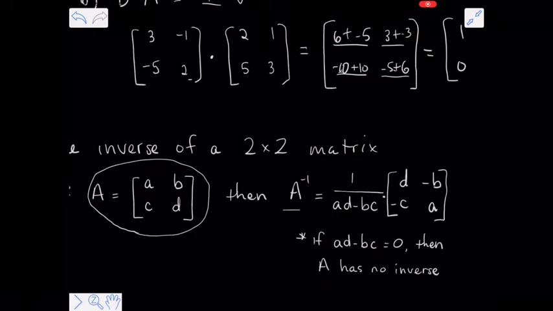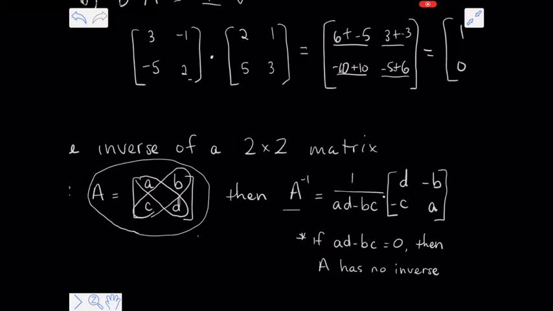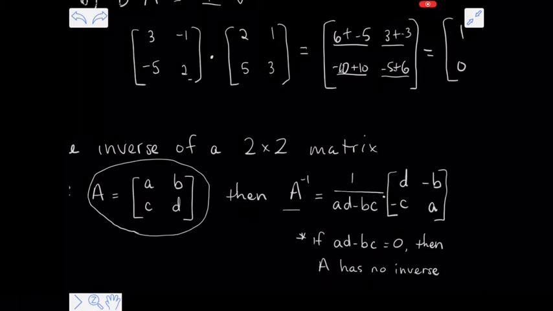There's a number that's going to go in front of a matrix. That's called a scalar. We talked about scalar multiplication. So first you find the scalar, and the scalar is just 1 divided by this product, A times D, subtract this product here, B times C. So it's 1 over AD minus BC. That's your scalar that goes in front of the matrix.